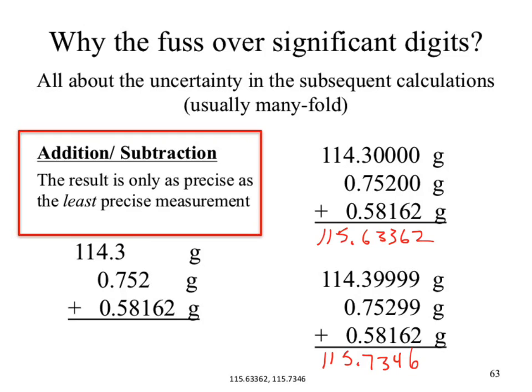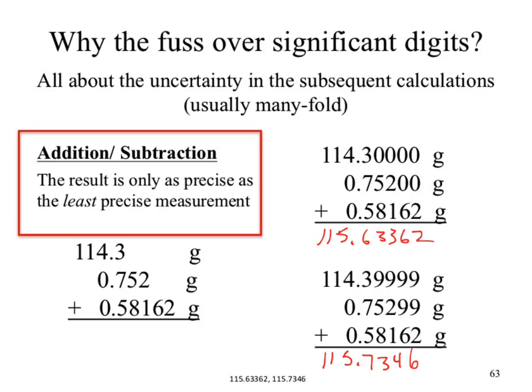That is a significant difference. A tenth of a value, believe it or not, can mean life and death. So we have to be very, very careful that when we do addition and subtraction, we don't start adding in more information than we have. So it has to go back to the least precise place.